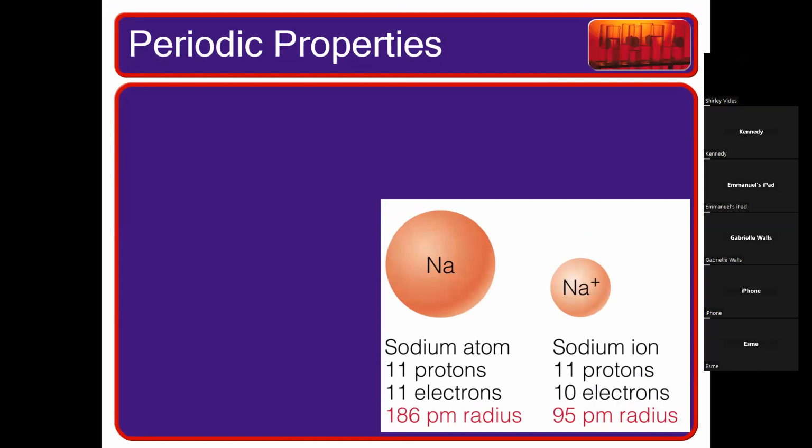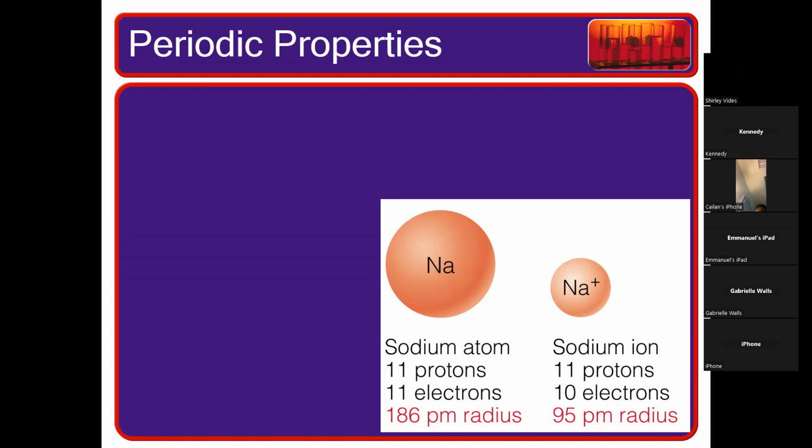Okay, so the next thing we're looking at is ionic size. Remember I told you that when you have a metal, it's always going to lose electrons. If you lose electrons, the positive charges are going to win this race, and they're going to pull those electrons even closer to the nucleus because there are fewer of them to repel each other.